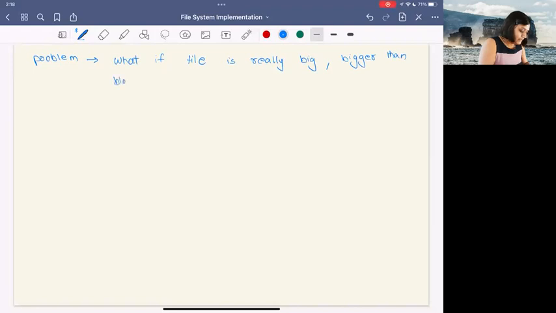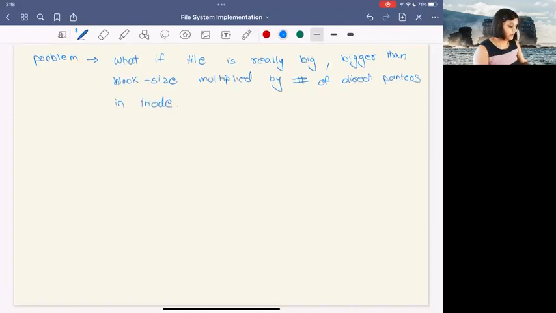Bigger than block size multiplied by the number of direct pointers in the inode.